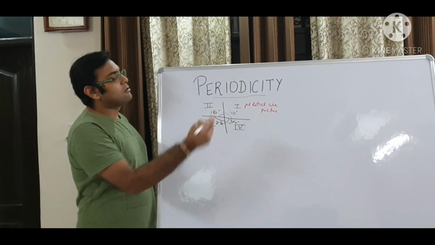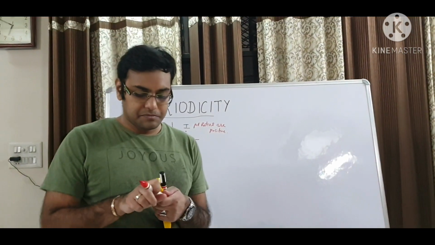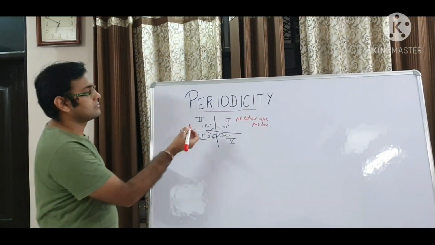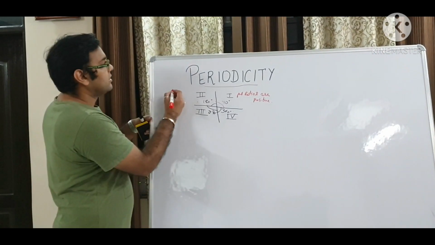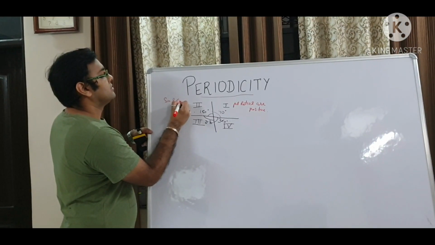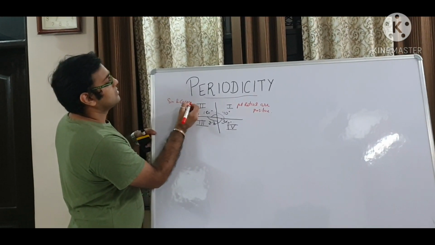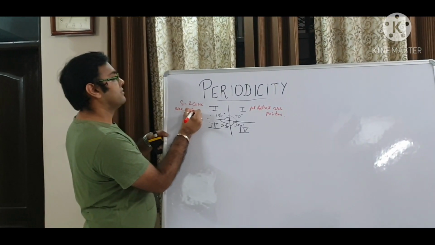Now come to the second quadrant, that is angle from 90 degrees to 180 degrees. In this quadrant, only sine and cosecant are positive.